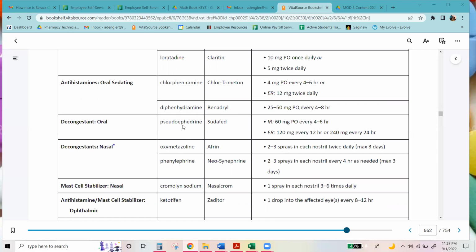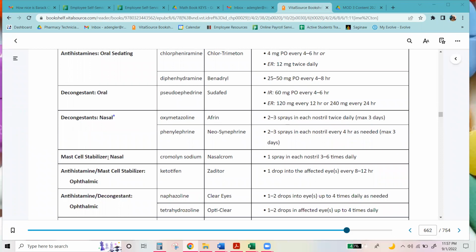Pseudoephedrine is usually proven to work better, but it can cause an increase in blood pressure, and it is under the Combat Methamphetamine Act, so the sales have to be regulated.